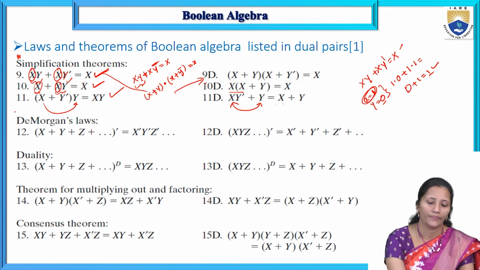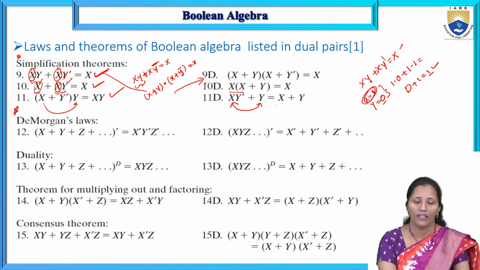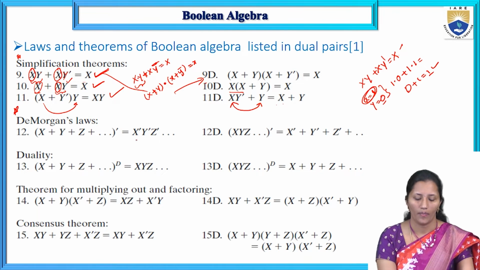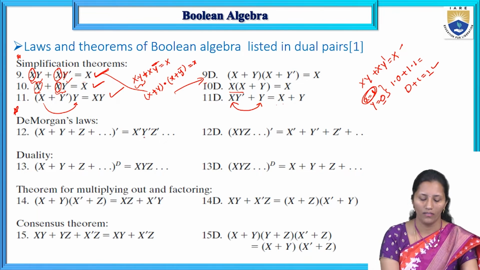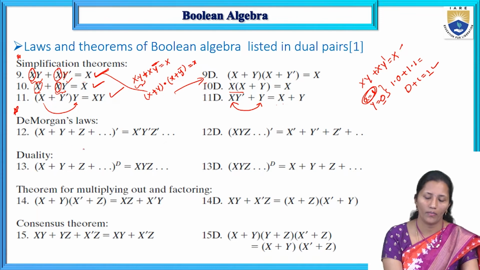De Morgan's law. Okay. Here De Morgan's law is, we will see the problems of De Morgan's law also in the next slides. We are taking n variables, x, y, z up to n variables. The complement of the sum of the n variables is equal to the product of the individual complements of the variables.